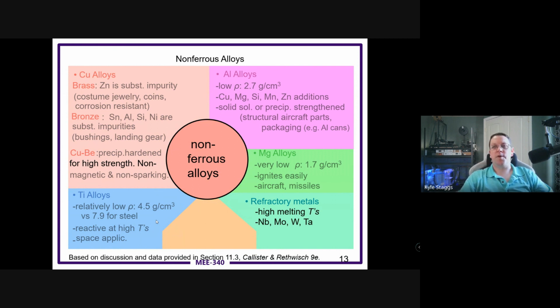There are some refractory metals, so really, really high melting temperatures. So niobium, molybdenum, tungsten, which is the W, as well as Ta. I can't remember offhand what Ta is, but it's in the same transition metals region of the periodic table.